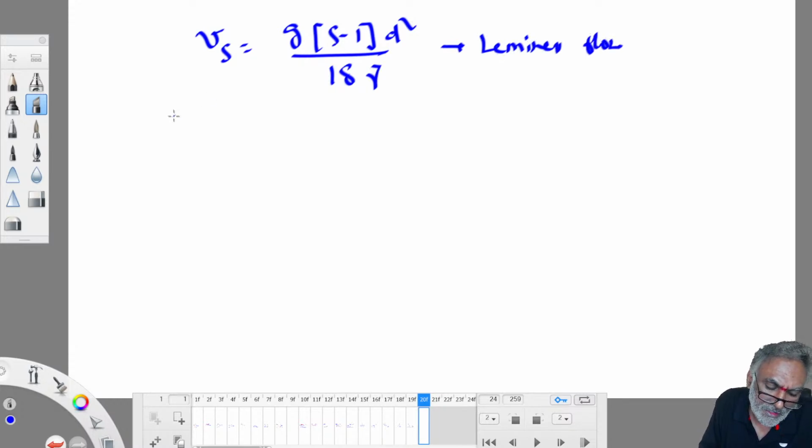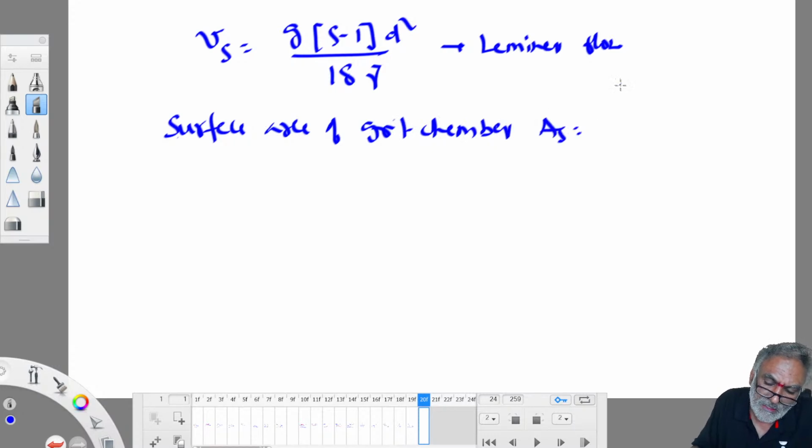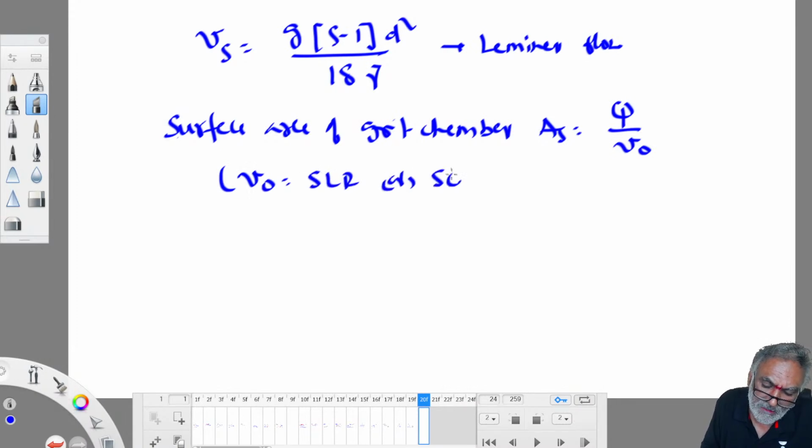You can also make use of the equation for 100% removal, or find the plan area or surface area of the grit chamber using the same sedimentation tank design, where V0, the surface loading rate or surface overflow rate, is given. Then you can find the surface area. The surface area is also L into B. That way also you can do it. This is an alternate approach.